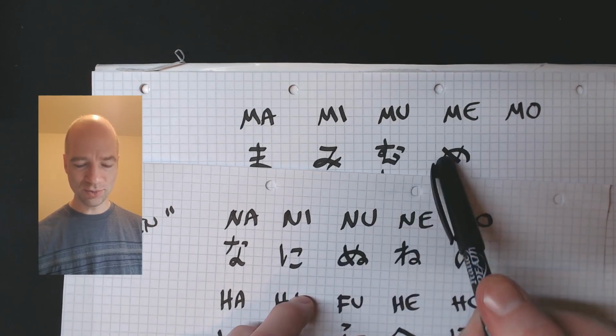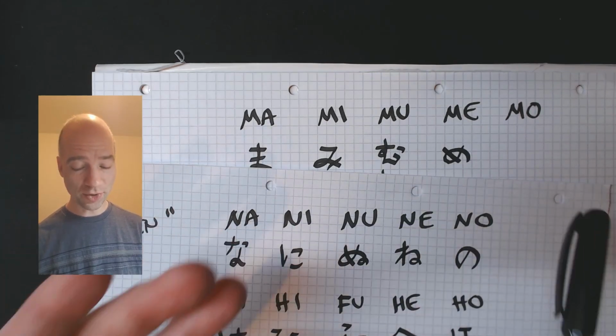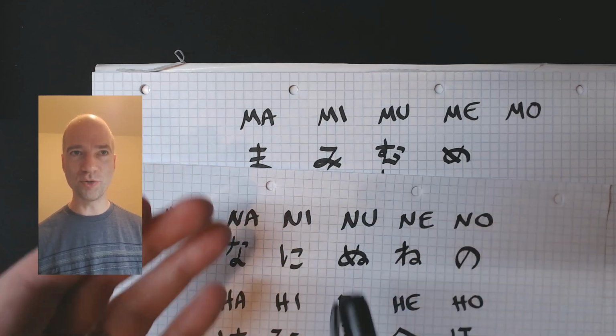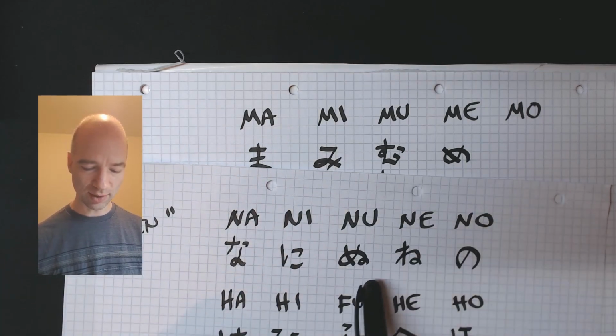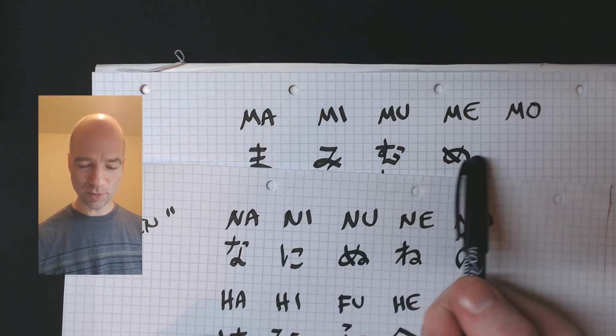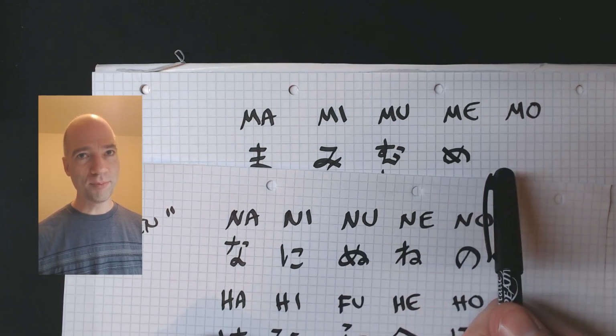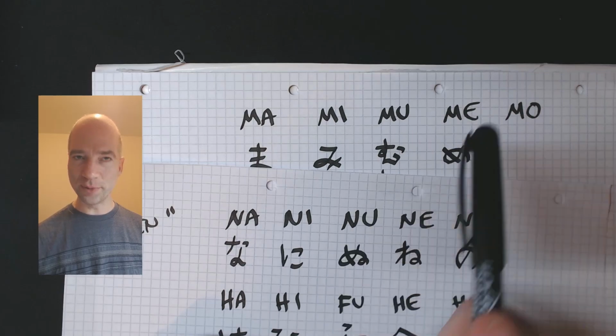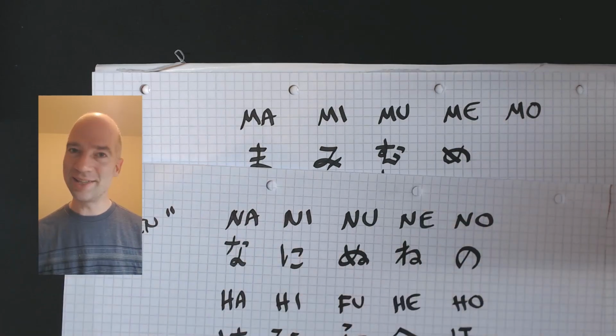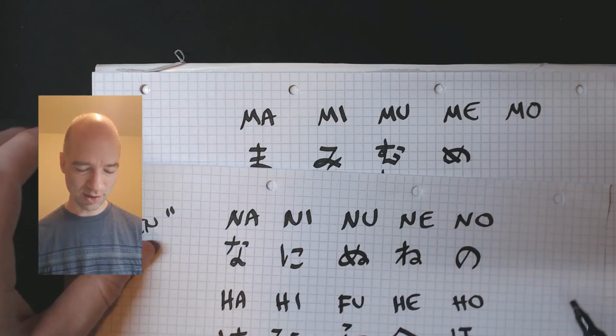So those two are quite easy to mix up, but because they're so similar, you can remember them together. The one with the squiggle is the one on the na line, the nu, and then me is the one without. But because there are different vowels as well, it's easier to mix them up, I think.